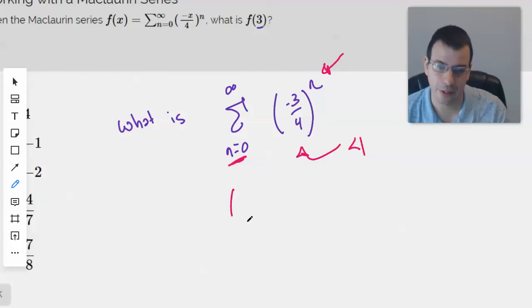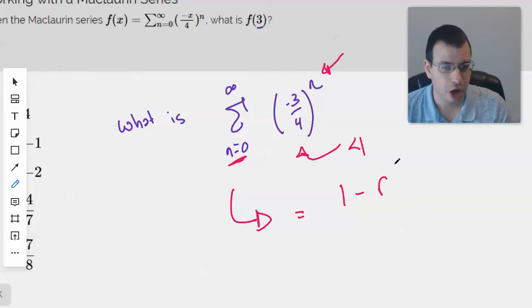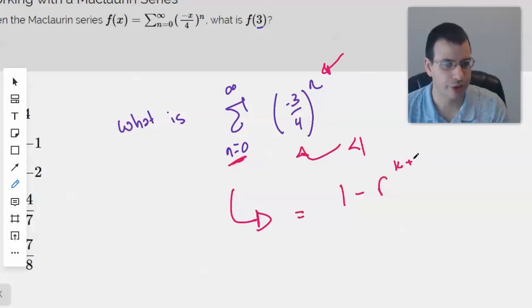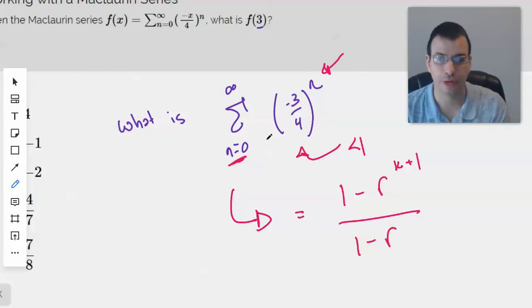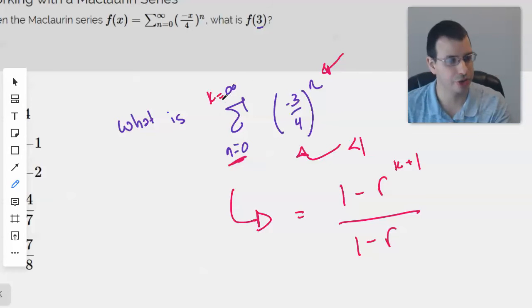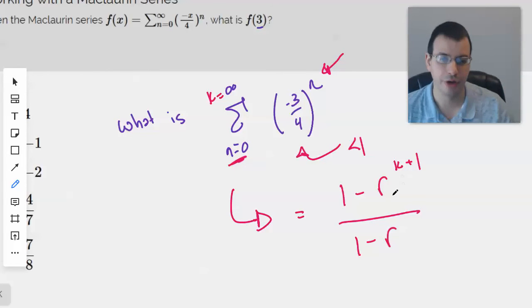And the formula, we know that this equals 1 minus r to the, I'm going to say, k plus 1, all over 1 minus r, where by k, I say that this up here, k equals infinity. First term, last term. And this goes to the last term plus 1.